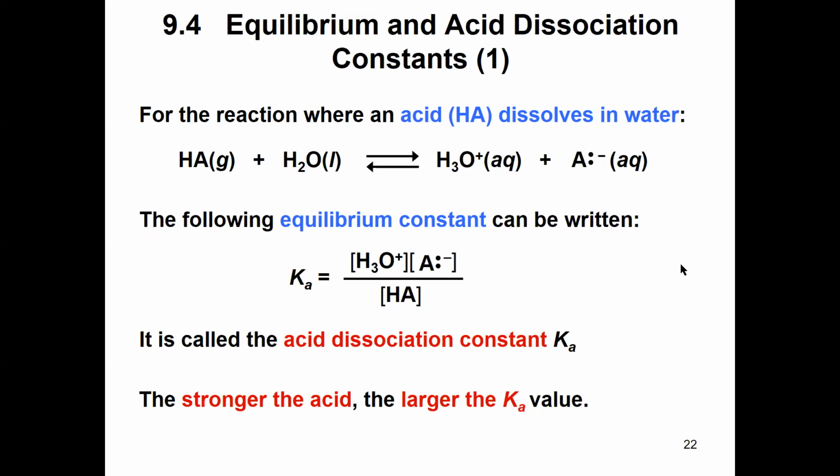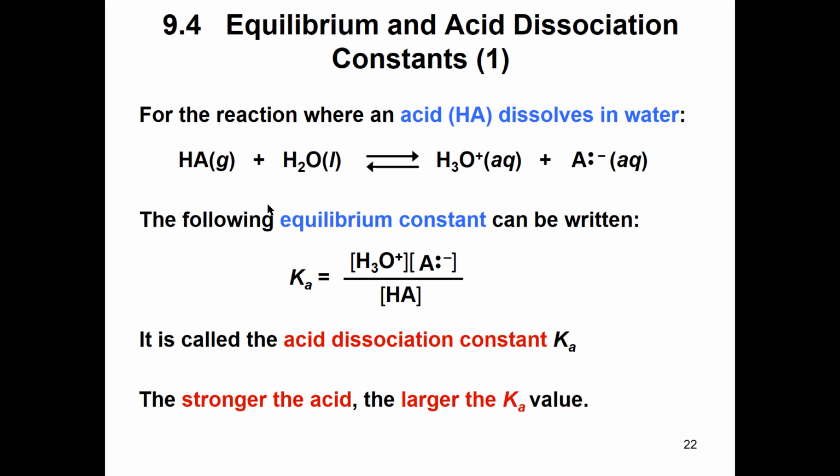So for the reaction where an acid dissolves in water, this is the reaction that shows the dissociation of the acid in water. HA is the general form of an acid, because you have H as the first element, so that indicates an acid. Typically, it's a gas dissolved in water, and that's an equilibrium that gives H3O plus, because the water here is the base and it will accept the proton from the acid, and then the acid becomes A minus with a lone pair, right?